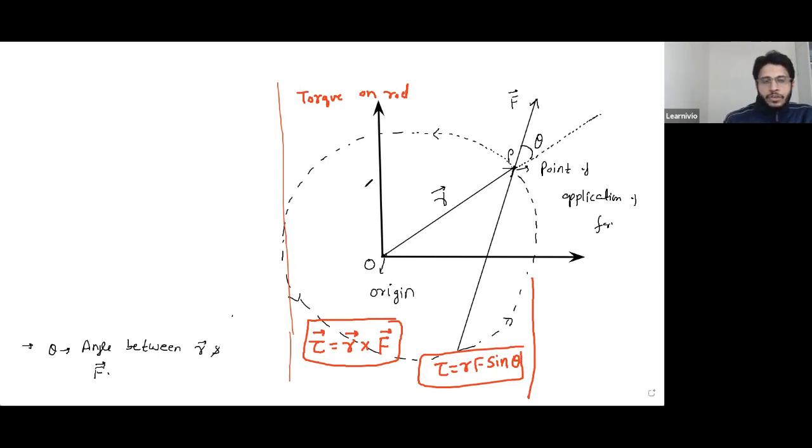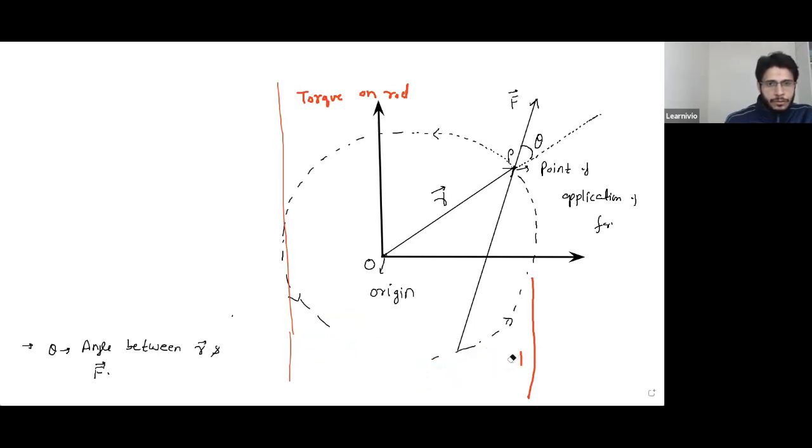You can write this torque in one more form, apart from the formula r cross f. What we can do is extend this line. This is known as the line of action of force, or line of application of force.